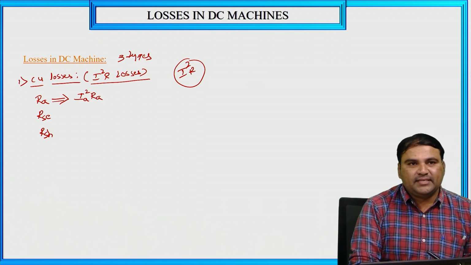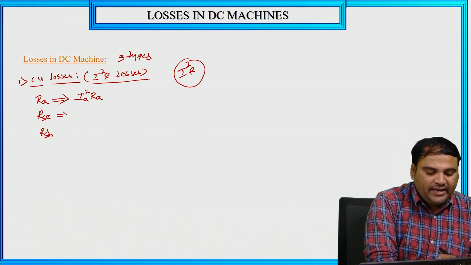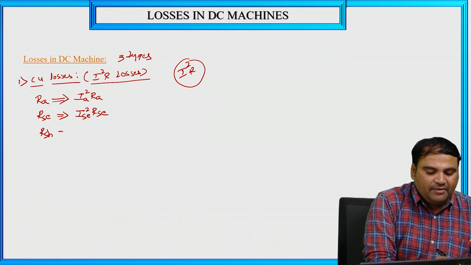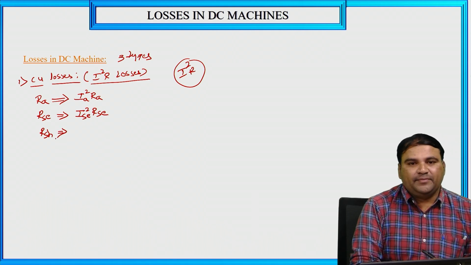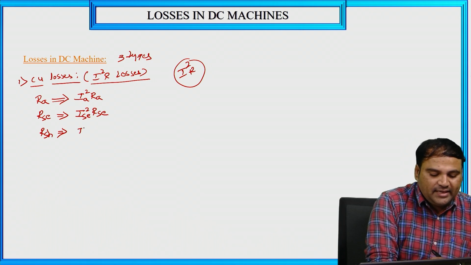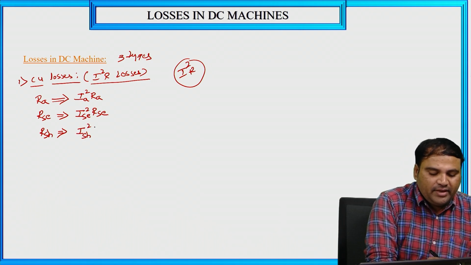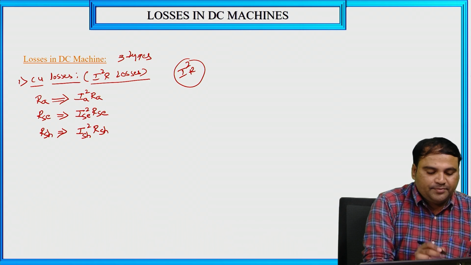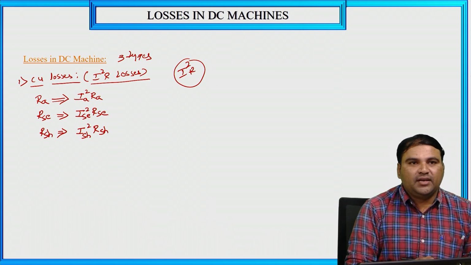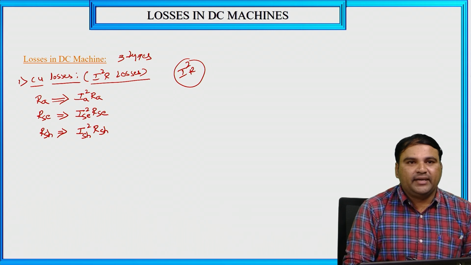At the series field winding, having the series field resistance, the power loss is Isc square into Rsc. For the shunt field winding, having the shunt field resistance, the copper loss is Ish square into Rsh. These are the copper losses which occur at the windings of a DC machine.